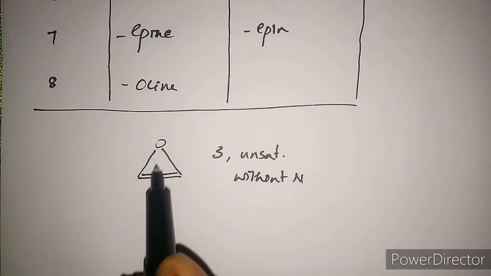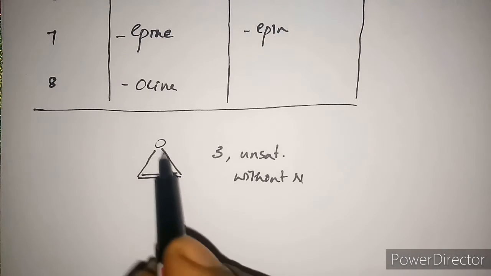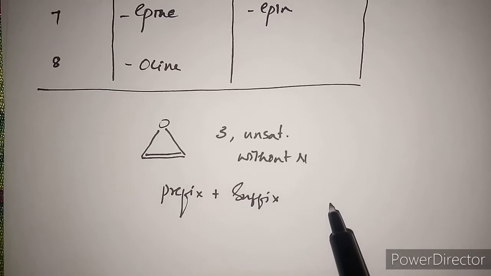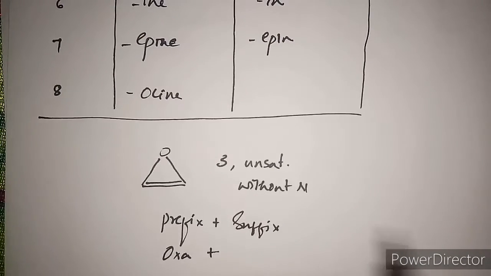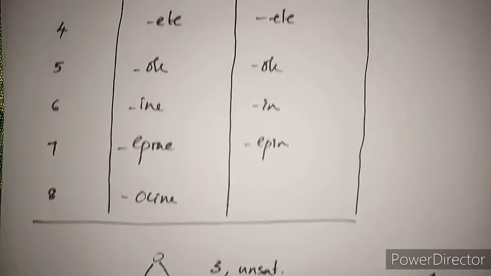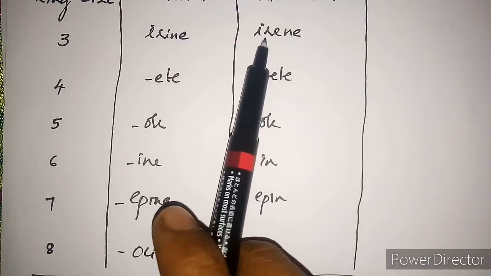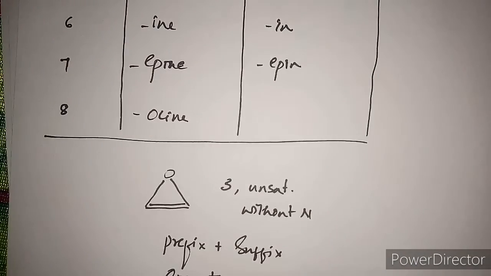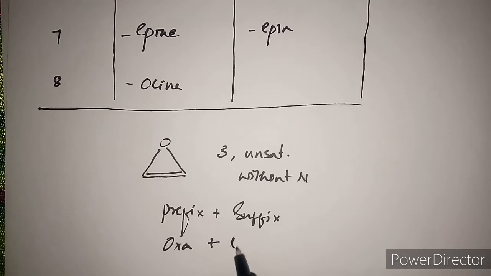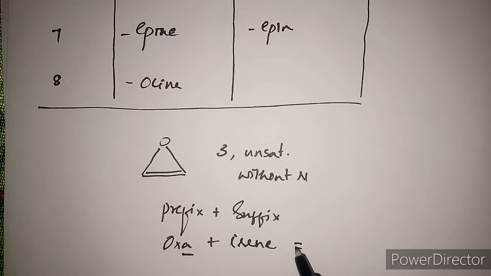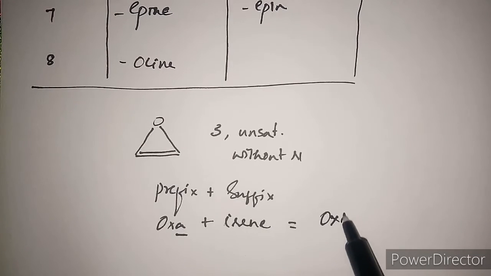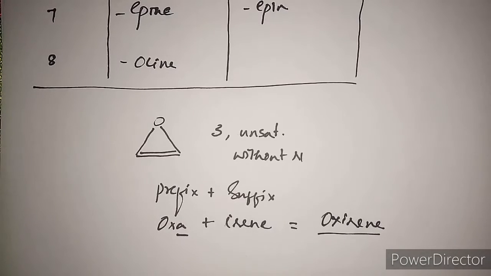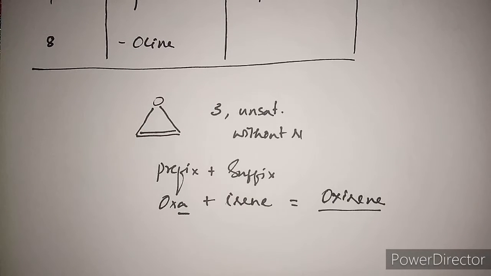So we need to use the prefix for oxygen, oxa, plus the suffix. Since it is without nitrogen and 3-membered, we need to use irene. So we need to replace the a with i, the a has to be omitted in completing the name. So we get oxirene.